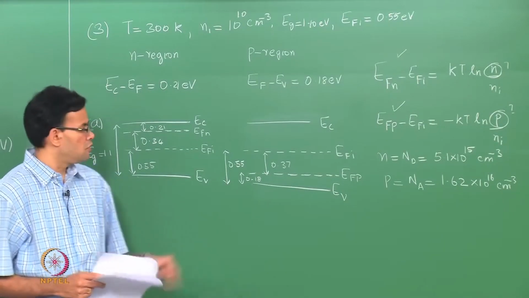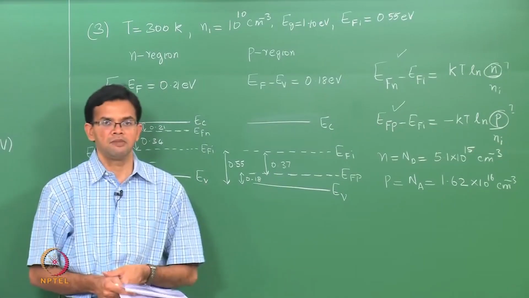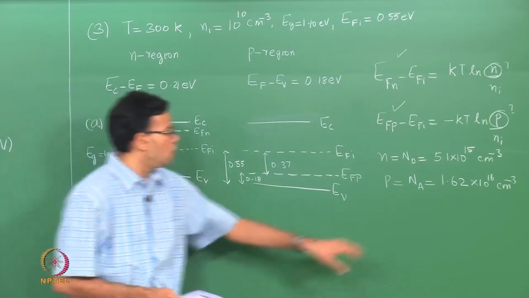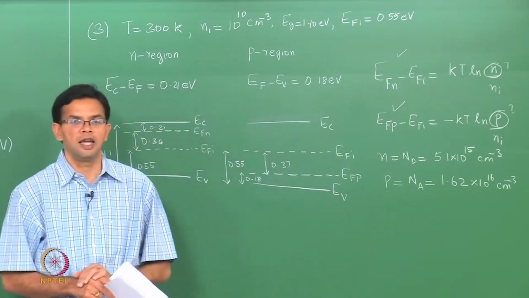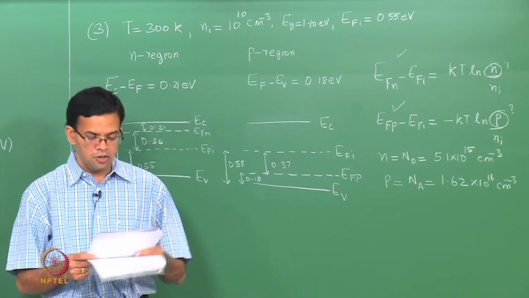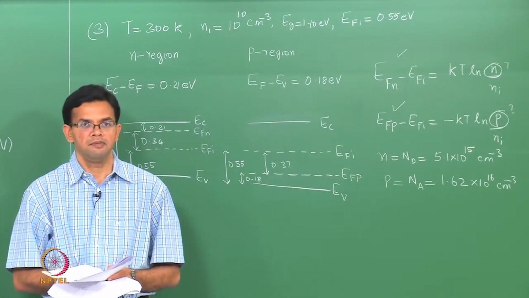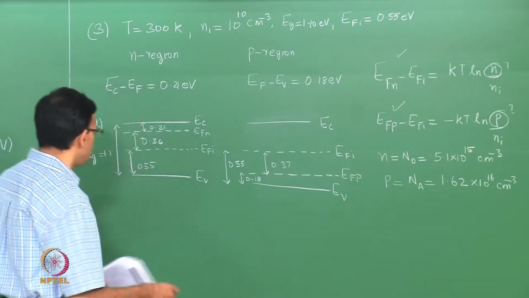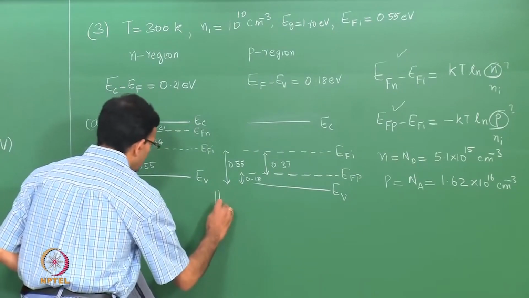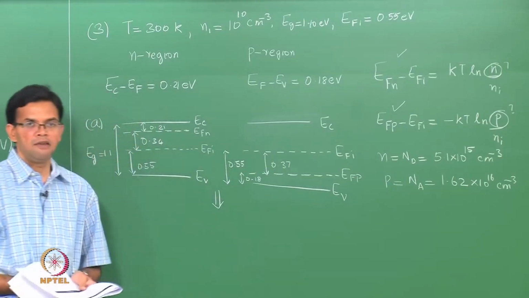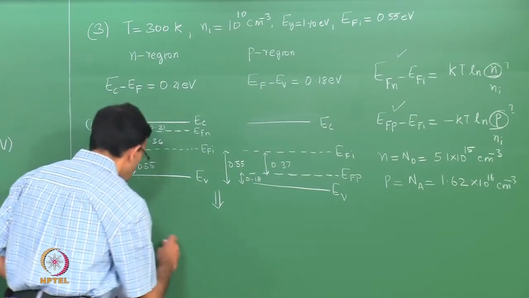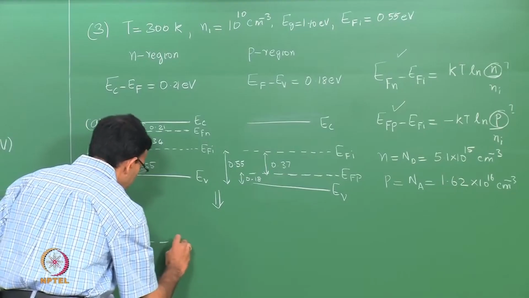So, we have drawn the energy band diagrams separately. We also have the concentration of the electrons and holes. So, let me draw the energy band diagram when the junction is formed. To do that, we know that the Fermi levels must essentially line up at equilibrium.